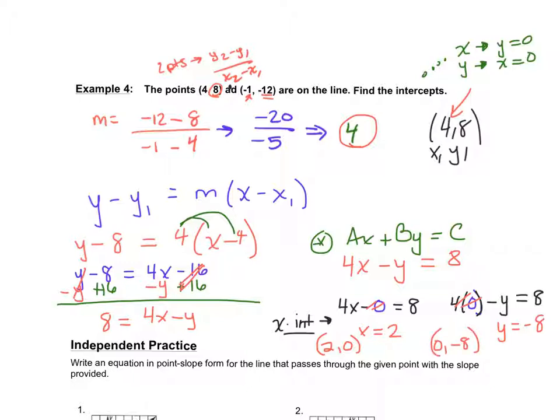So now I have found the intercepts. They are (2, 0), and the y-intercept is (0, -8).